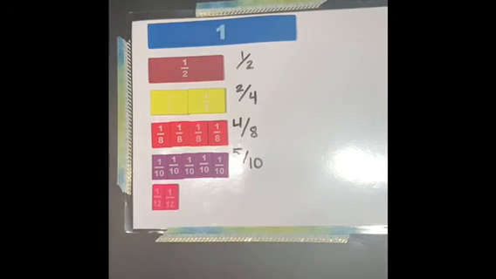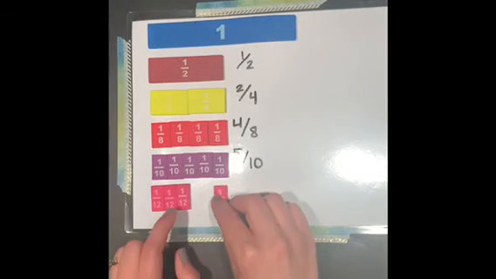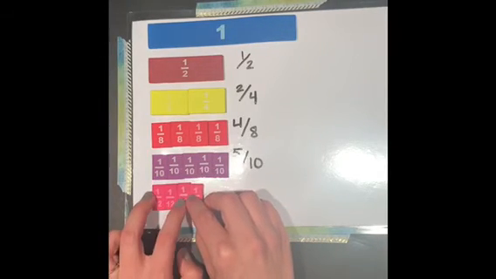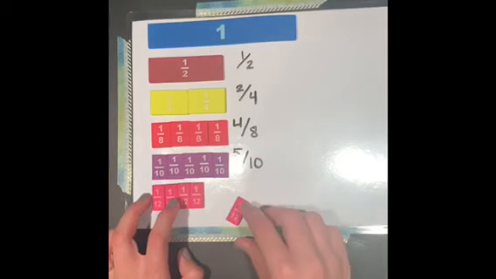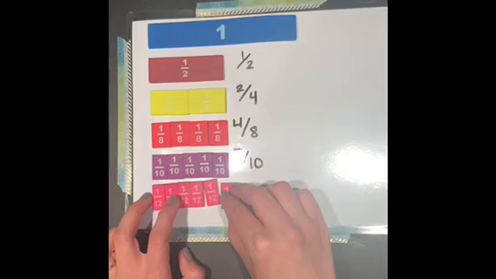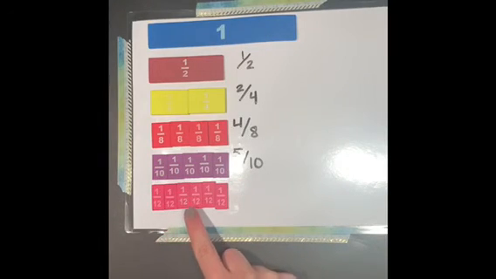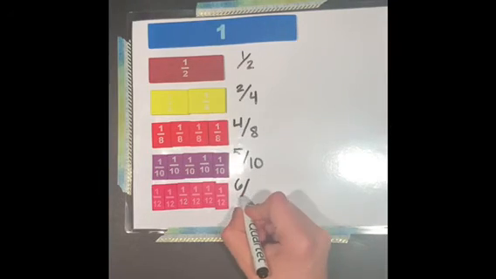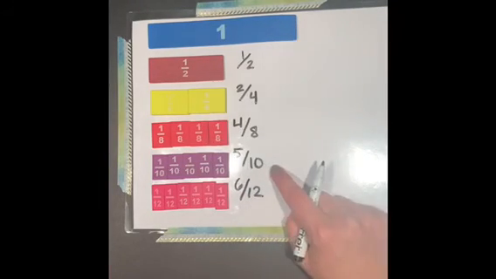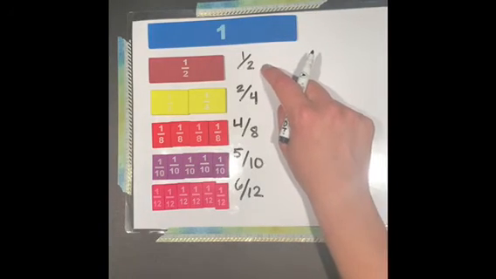I have 2, 3, 4, 5, and 6. So now I know that 6/12 is equivalent to 5/10, 4/8, 2/4, and 1/2.